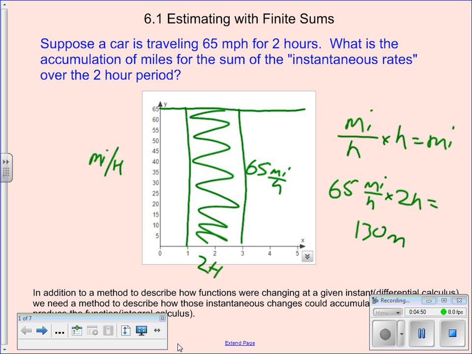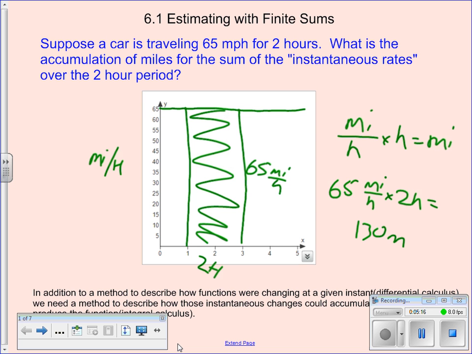When we were doing derivatives, what were we often doing? We were taking distance and finding rate, right? When you take the derivative of the position, you found the rate. What did we just do? We went the other direction. We took the rate and found the distance traveled.